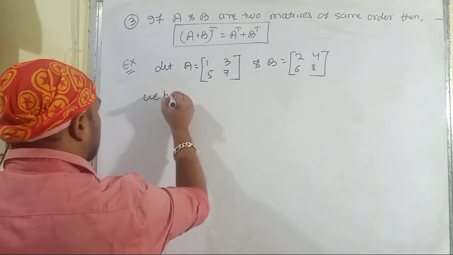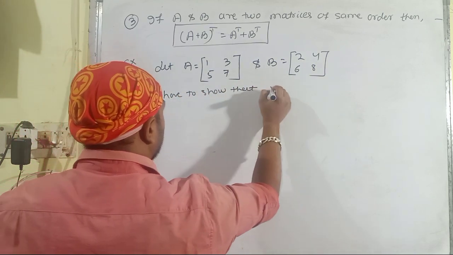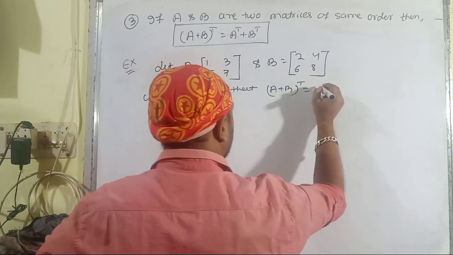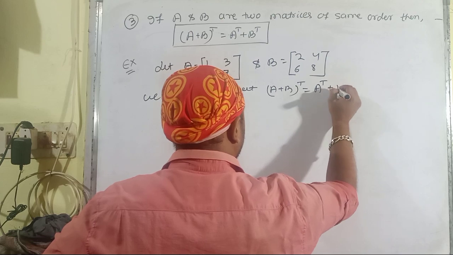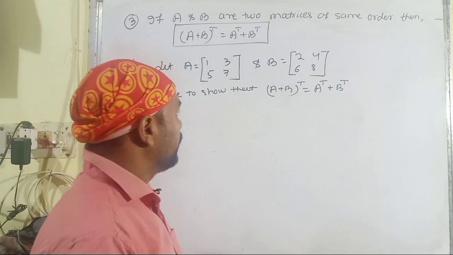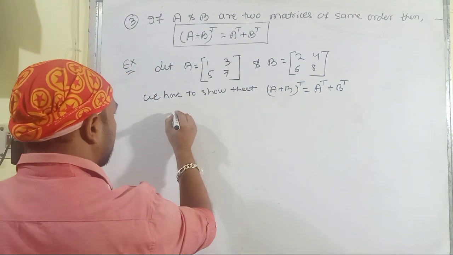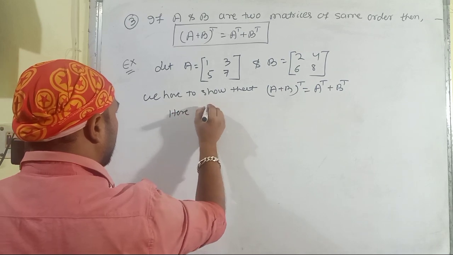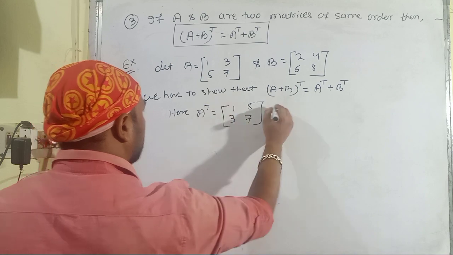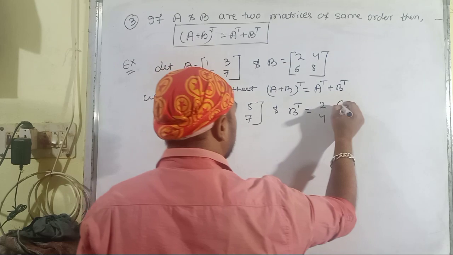We have to show that transpose of A plus B is equal to the sum of A transpose plus B transpose. So to prove this property, first of all we have to find out the transpose of the given matrices. Here A transpose will be 1, 3, 5, 7 and B transpose is equal to 2, 4, 6, 8.